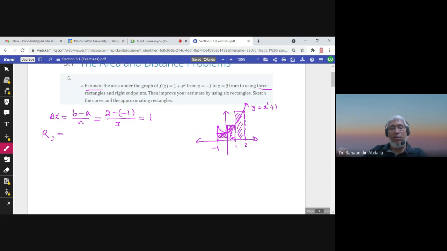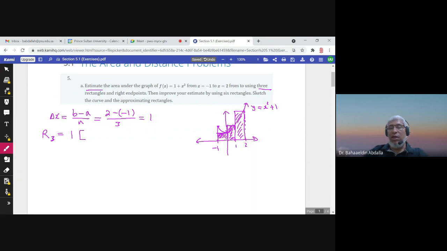All right, so how to find R3? R3 is the sum of the areas of the 3 rectangles. Well, each rectangle's area is the width times the length. The width is 1, so you can write 1 as a common factor.